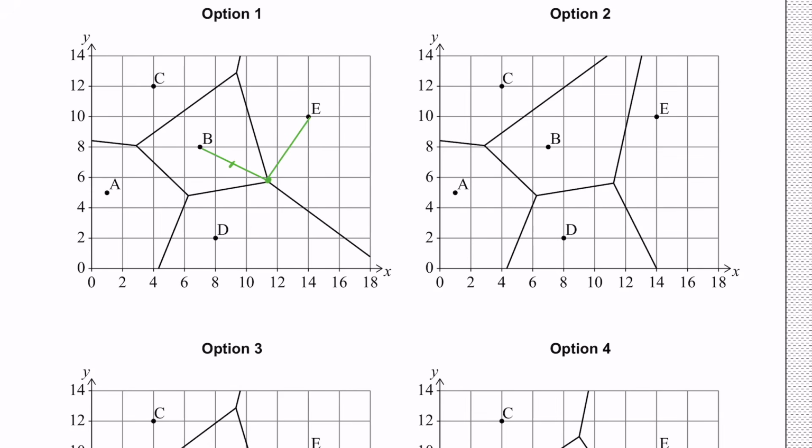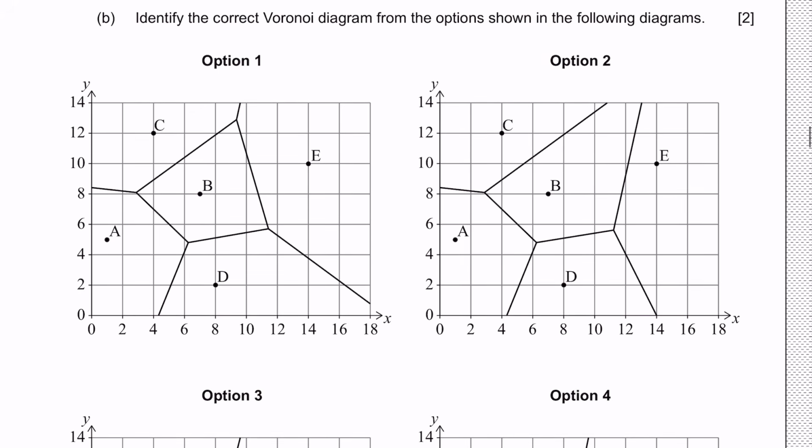So these 2 should still be equal. And generalizing that further, all points along this line should be an equal distance from both B and D, and that should not be any different once we get to this endpoint. So once we get to an actual vertex right here, they should be an equal distance from all three sites. So let's see which of these pass the test.